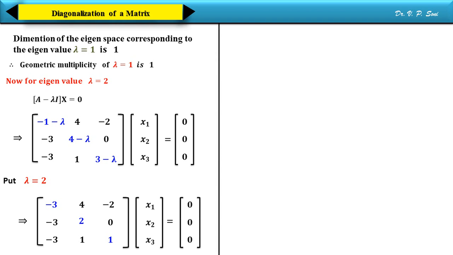Now multiply the two matrices and then we get minus 3x1 plus 4x2 minus 2x3 equal to 0, minus 3x1 plus 2x2 plus 0x3 equal to 0, minus 3x1 plus x2 plus x3 equal to 0.